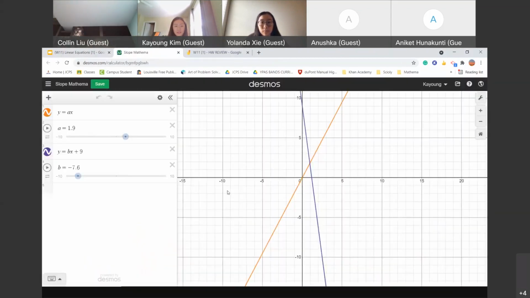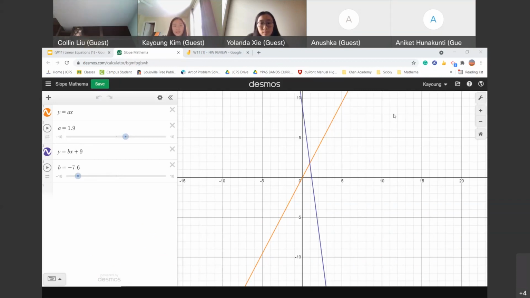I guess I can do it since I have to show this. Basically, we're going to look at these two lines. One is in the form y equals ax, the other one is y equals bx plus 9. I just put that 9 in there for you to see some other types of lines.